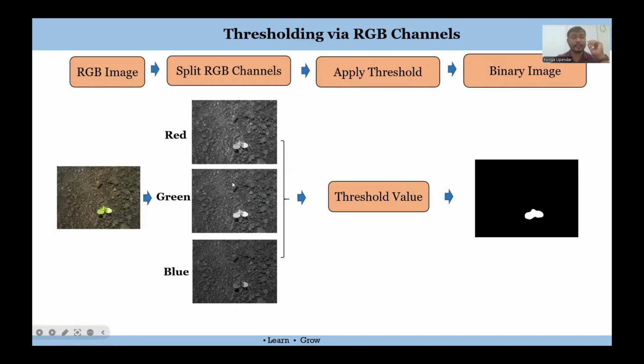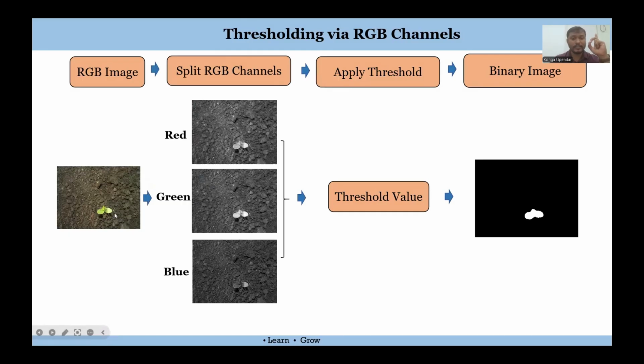Please understand one observation here. As I said in part one, if we capture an image with a green object, the green channel intensity will be higher. Higher means a brighter object.